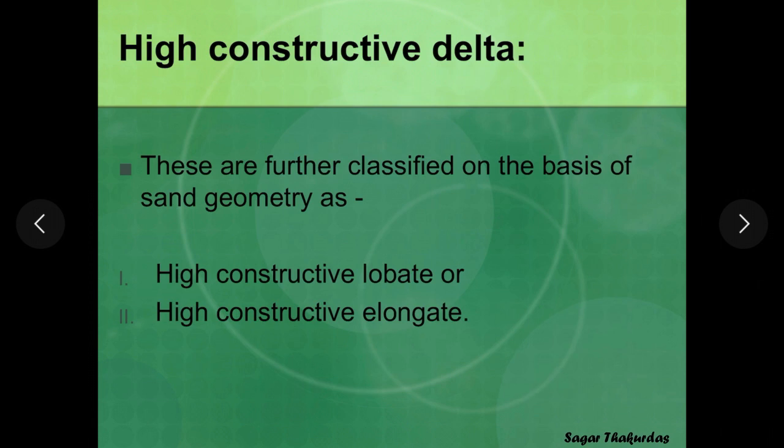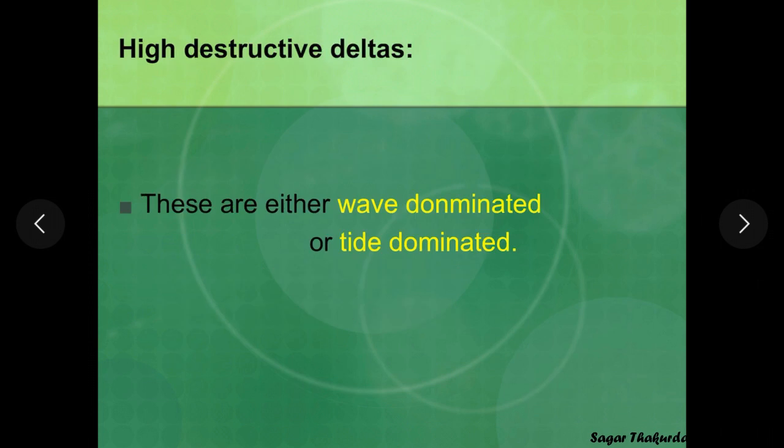You also have to remember that these kinds of deltas are formed in shallow water areas, in restricted basins like bays or gulfs, like in the case of the Mississippi Delta. These high constructive deltas are divided into two groups: high constructive lobate delta and high constructive elongate delta. Again, we are going to see these two different types of deltas in detail later on.